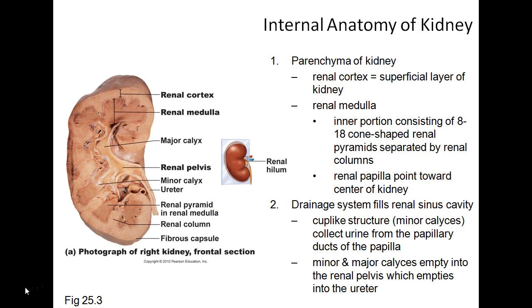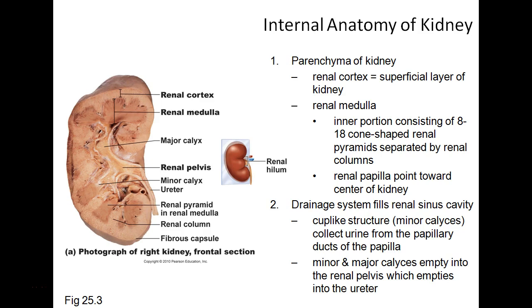So here we have the similar frontal view, but this time we have a real kidney. Again, we see that the outer region of the kidney's parenchyma is called the renal cortex, and the inner region of the kidney's parenchyma is going to be called the renal medulla. And remember that this is going to contain those pyramids, and these pyramids are going to be separated by renal columns.